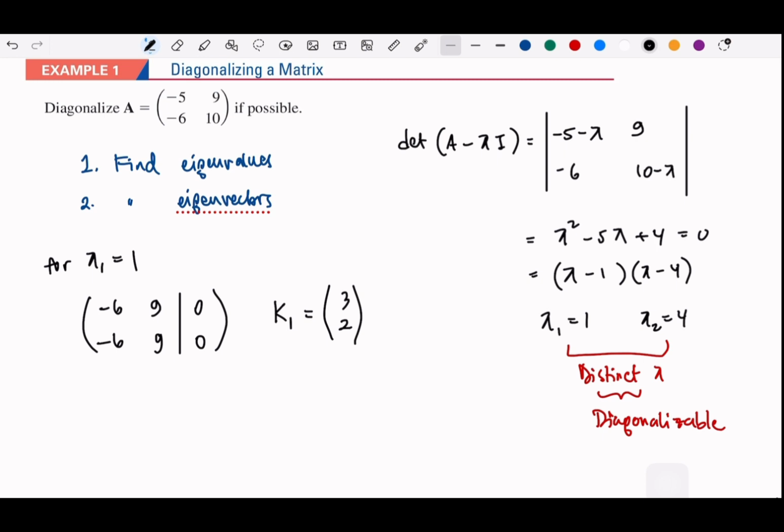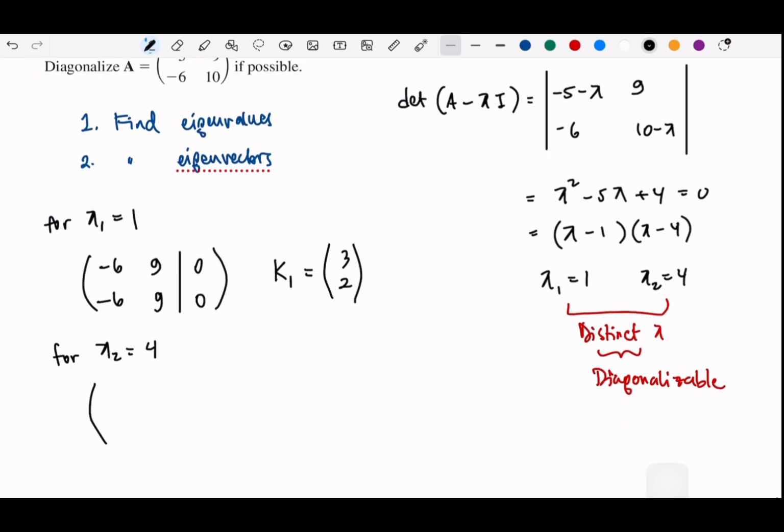Then check lambda 2 equal to 4. I'll just write the final answer here.